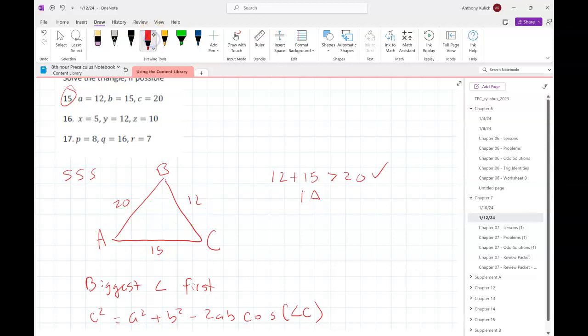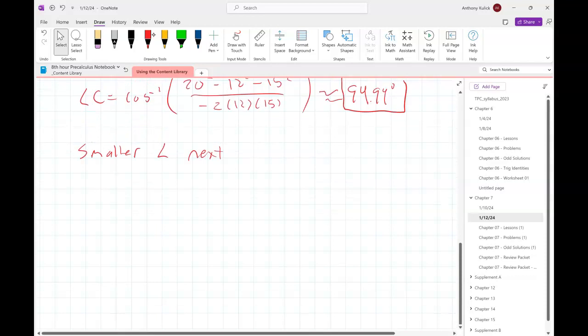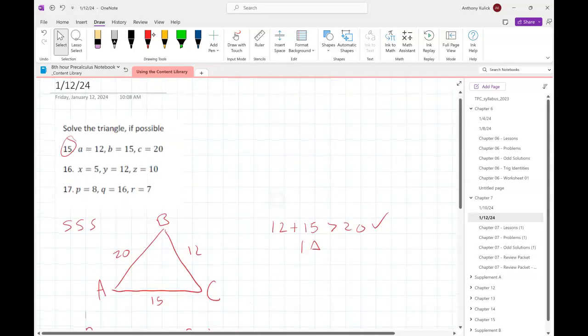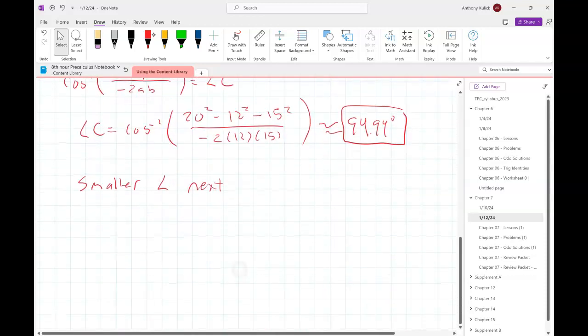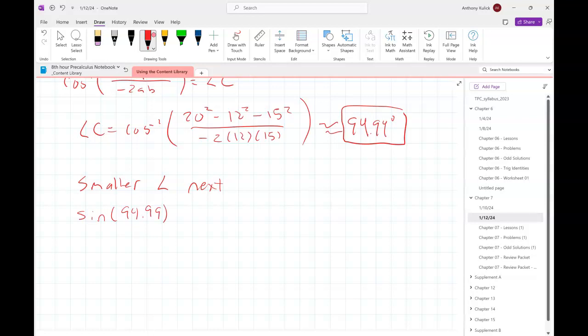So I'm going to use a law of sines here with my new angle C. I'm now going to cross multiply, divide, and then do sine inverse.